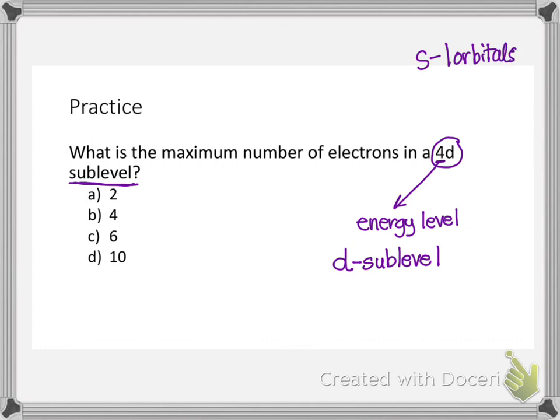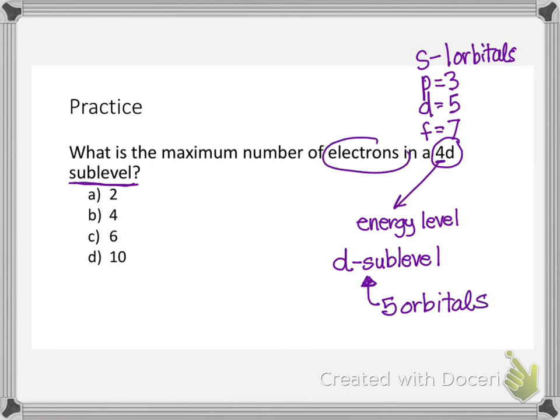So S has 1 orbital, P has 3, D has 5, and F has 7. So a D sublevel is going to have 5 orbitals. Remember, orbitals are where the electrons are, and this is asking me about maximum electrons. If I have 5 orbitals, they each hold 2 electrons, so the answer is 10 electrons, so it's D. It does not matter that I'm in the 4th level.